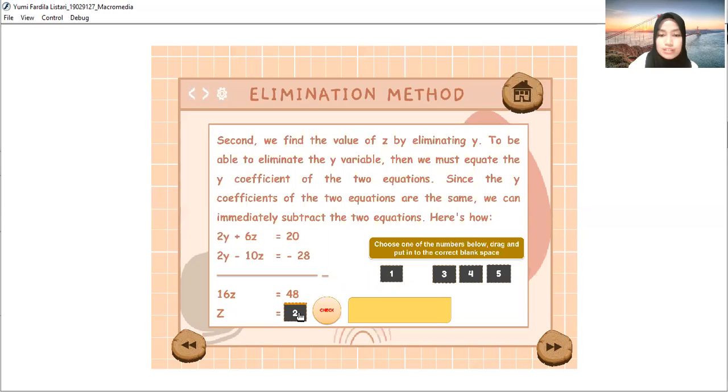If the student drags the correct answer, 3, here and clicks the check button, the answer is correct. If the answer is correct, the student can click the next button.